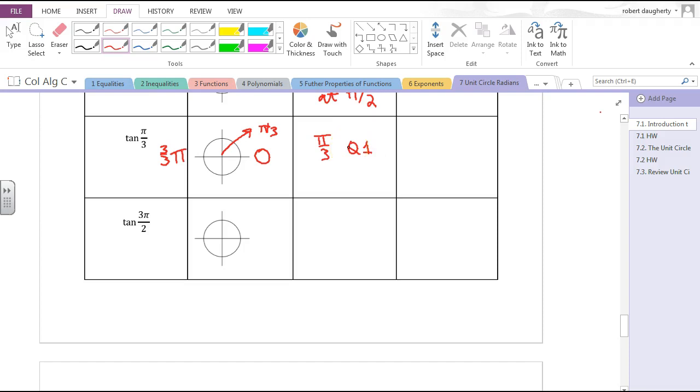And you can see it on your unit circle. Pi over 3 is in quadrant 1. So tangent means what? Y over x. So I go to pi over 3 and I look for y over x, and that is what? Yes, square root of 3 over 2 divided by 1/2, which is the square root of 3 over 2 times what? What's the reciprocal of 1/2? 2 over 1, right? So this is just square root of 3.